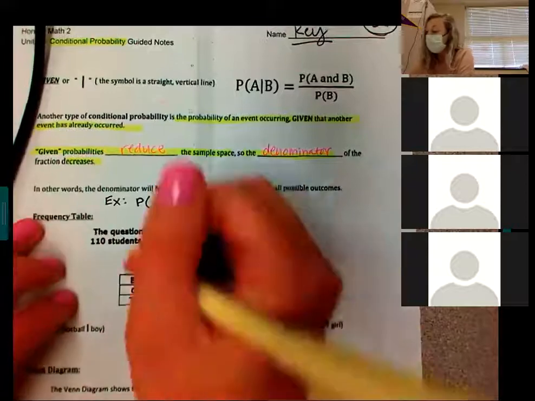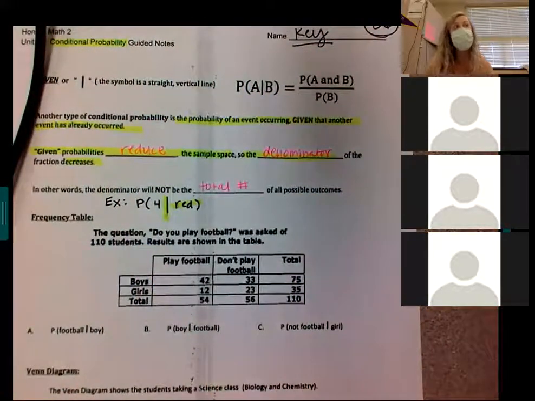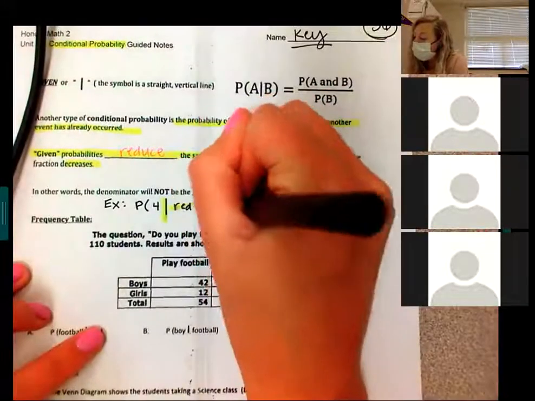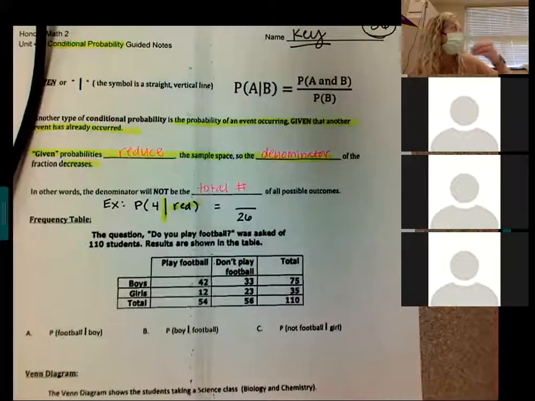So everybody look at this. If it says given red, how many red cards are in a deck of cards? This means I'm only looking at the 26 red cards because I'm telling you I pulled a red. Does that make sense to everybody? So what's the probability if we pulled a red that we get a 4? 2.